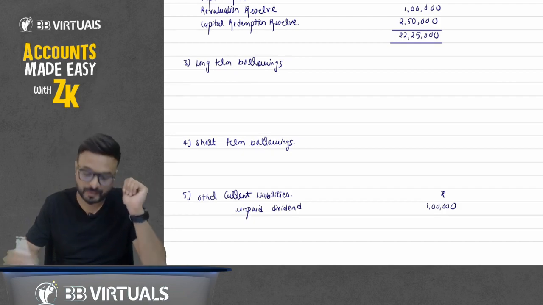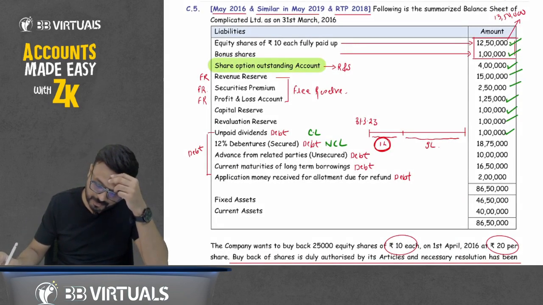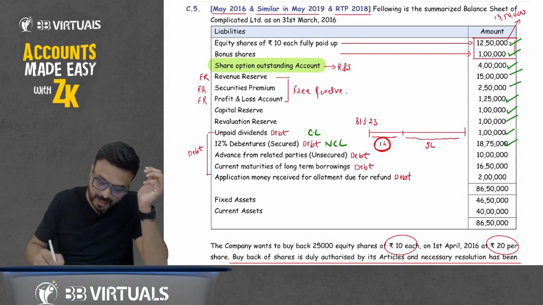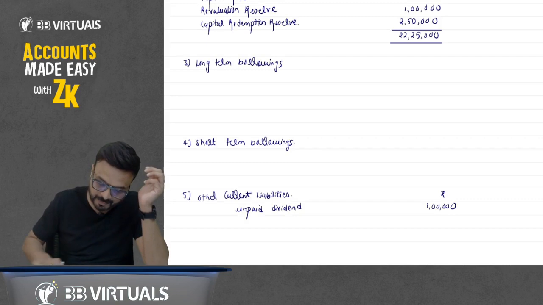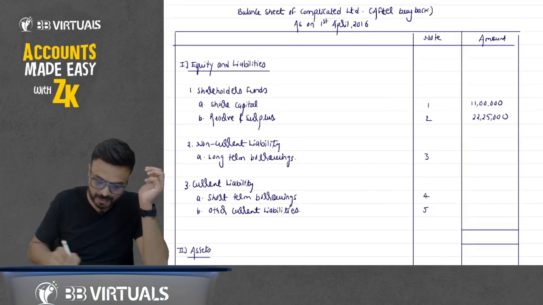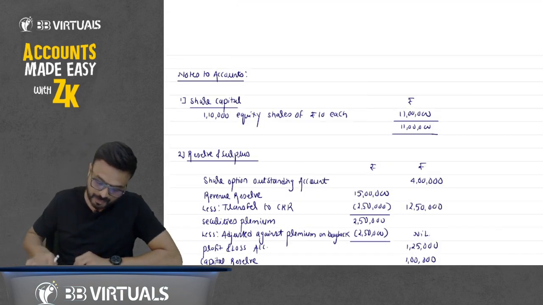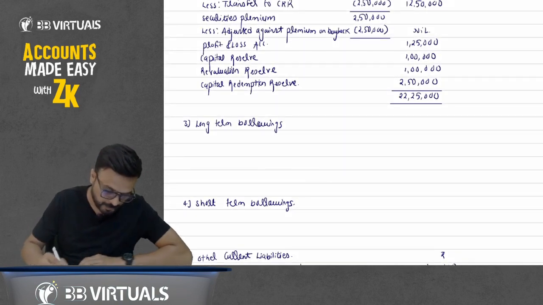Next item now. Here you have 12% debenture, secured. It's a non-current liability. Remember, under non-current liability, it comes under long-term borrowing. You can see here in the balance sheet, non-current liability, and under it, long-term borrowing. So write down in notes to account number 3, secured.